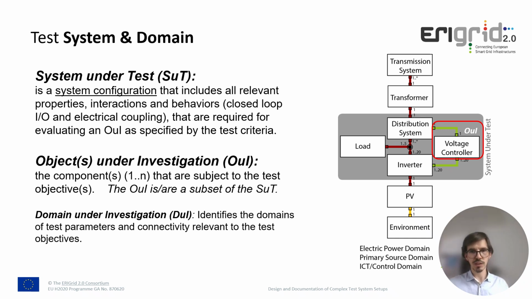So what is the thing that we are testing? It could be a piece of code, like a voltage controller, but it could also be a device, like a converter or a battery storage system. Finally, we also have the concept of the domain under investigation, which helps us identify the phenomena that are relevant to the test. So we're looking only at the electrical domain, or we're also interested in variability in the communication domain, for example.